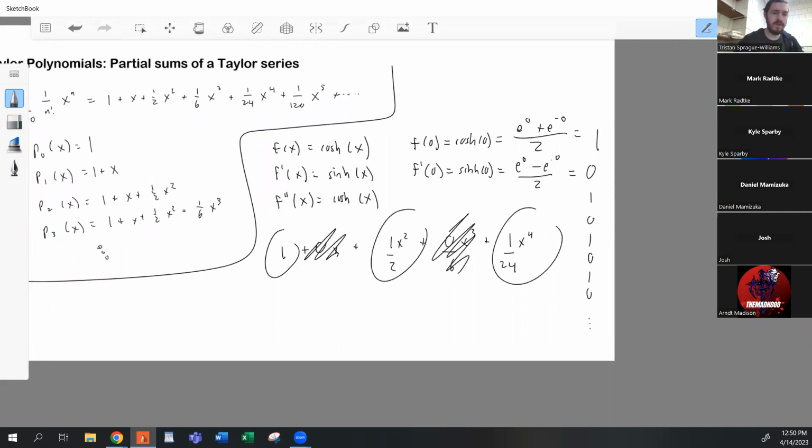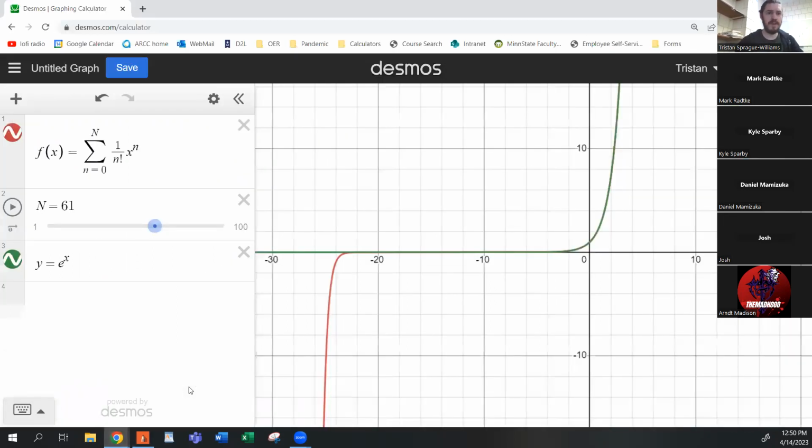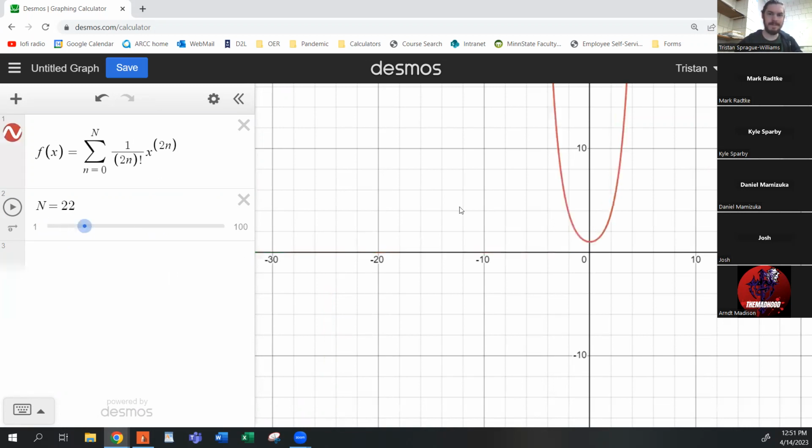x. So if we go over to Desmos and we do something similar to this, except we just take the even terms, one way to do that is to make this a 2n and this a 2n. Then things change. Here we go.